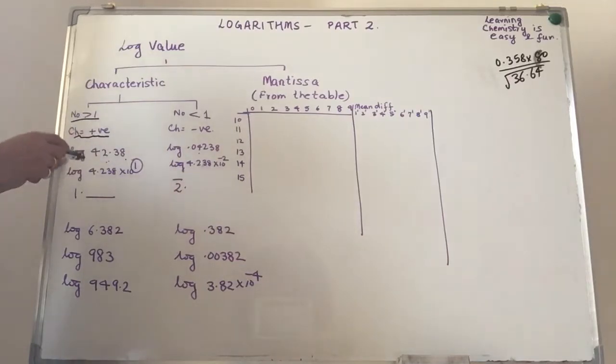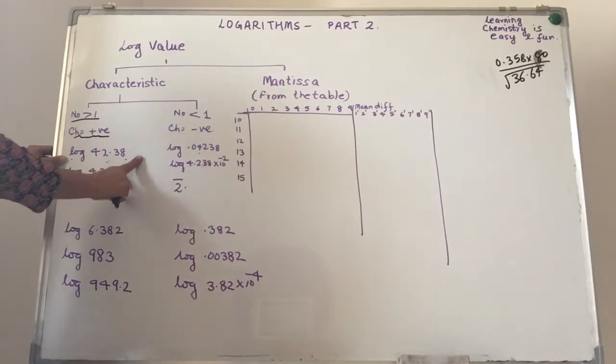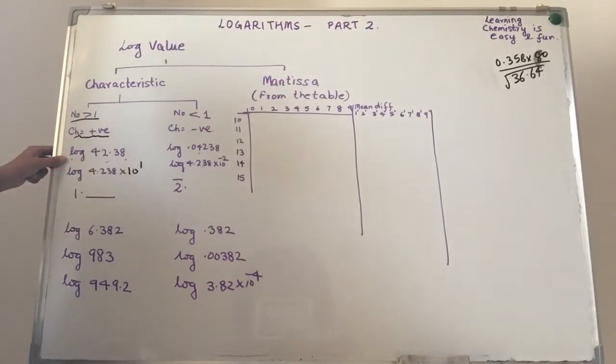I'll explain this in two ways. You can understand in any of the ways. Log of 42.38 can also be written as log of 4.238 into 10 to the power of 1, converting it to a number which has one digit before the decimal.